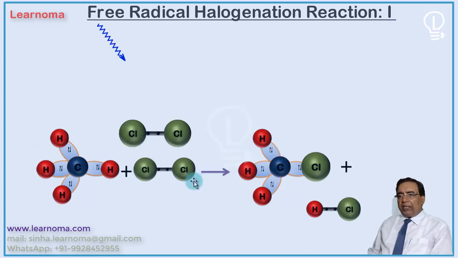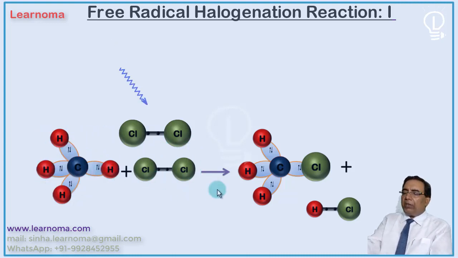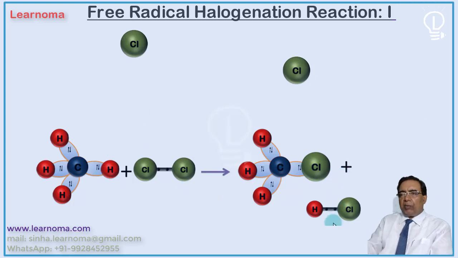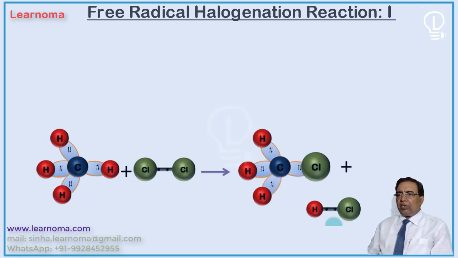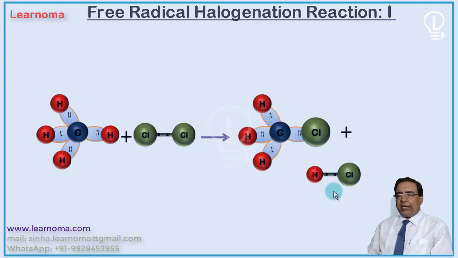A very common example is whenever any alkane or any group with an alkyl substituent is treated with chlorine gas. See this, chlorine in presence of light gives alkyl halide CH3Cl as well as HCl.